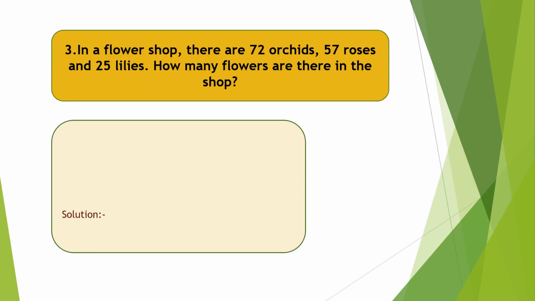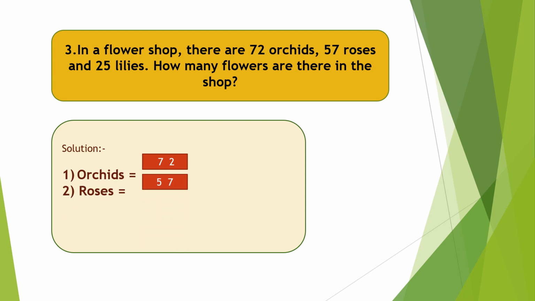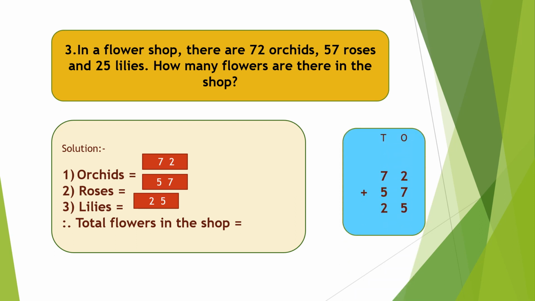solution. Number 1, orchids equal to 72. Roses equal to 57. Lilies equal to 25. So therefore, total flowers in the shop. What we need to find out? Total flowers in the shop. Do a solution box. Write 72 plus 57 plus 25.